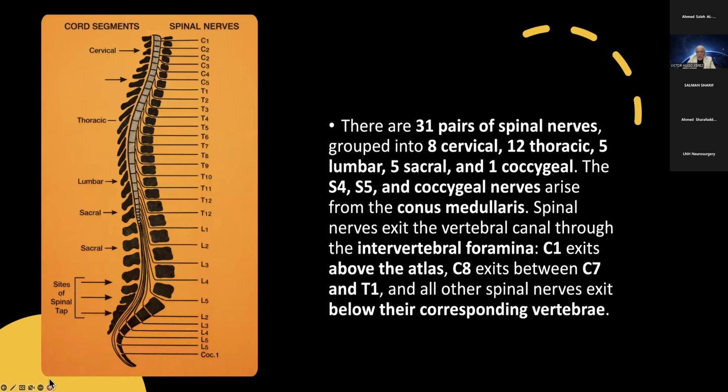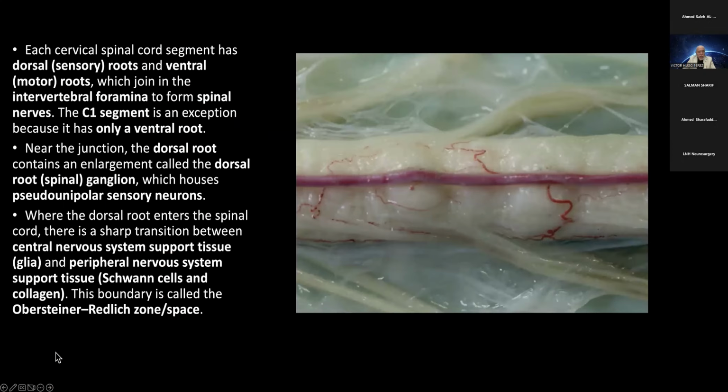Spinal nerves exit the vertebral canal through the intervertebral foramina. C1 exits above the atlas, and C8 exits between C7 and T1, and all other spinal nerves exit below their corresponding vertebra. Each spinal cord segment has dorsal sensory roots and ventral motor roots.